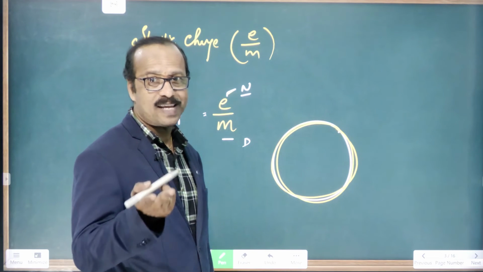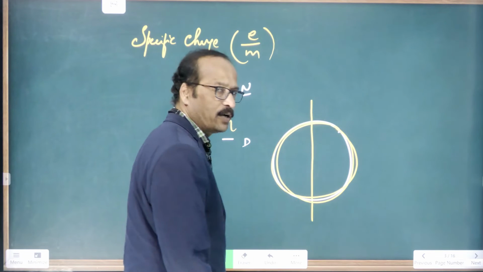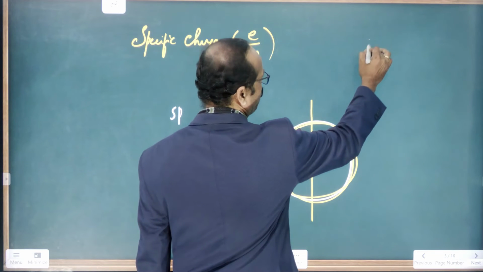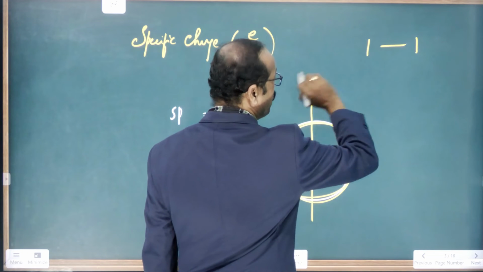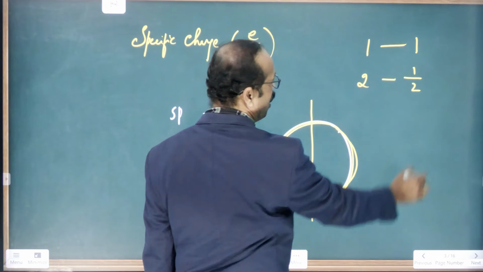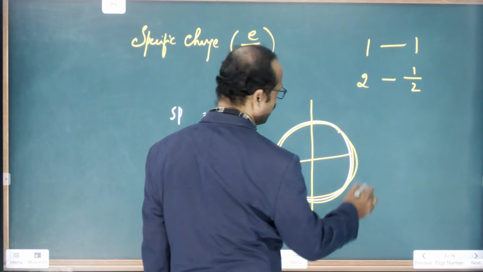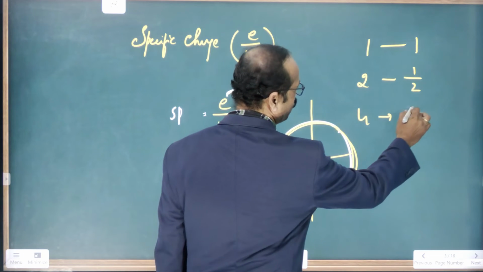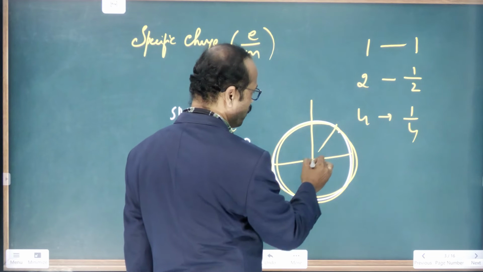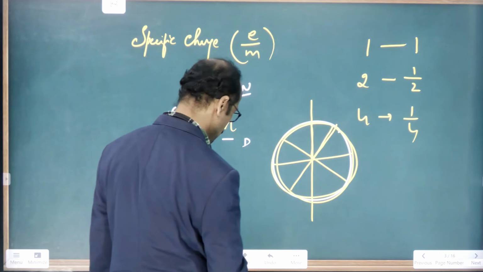Now the members have increased, so you make it half. Your friend gets half. When you are 1, you get 1, but when your friend is added, it becomes half. If 2 more friends come, you have to divide like this, so 4 members will each get only a quarter. If you get 4 more members, then you will get only this small part.